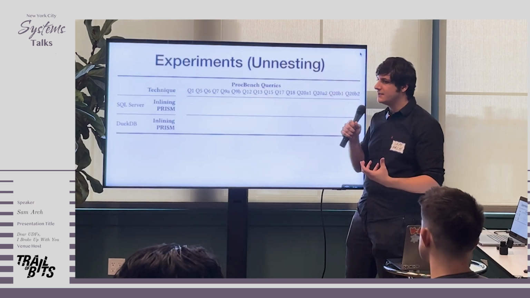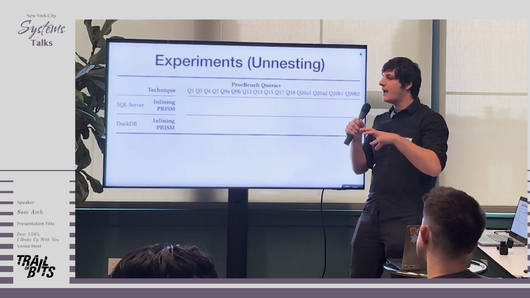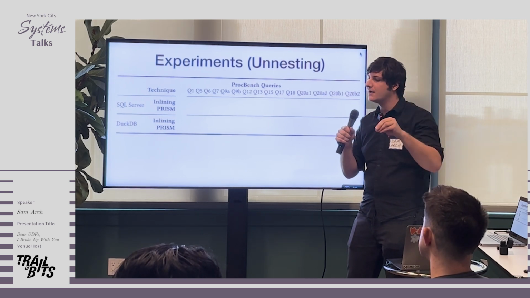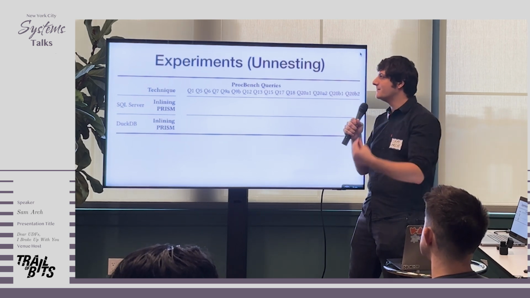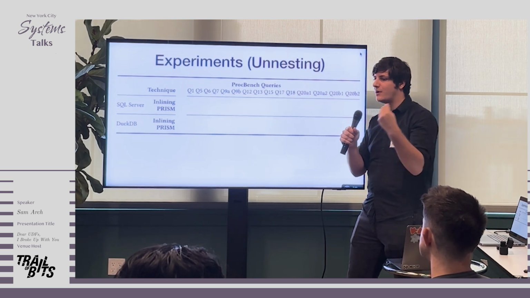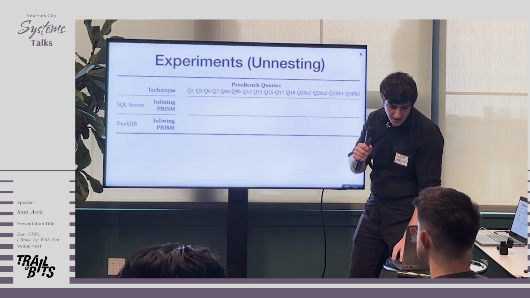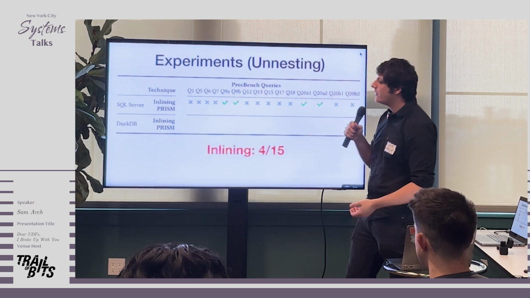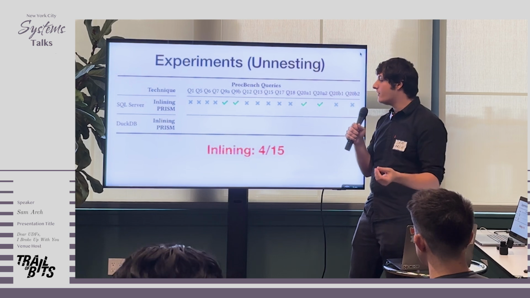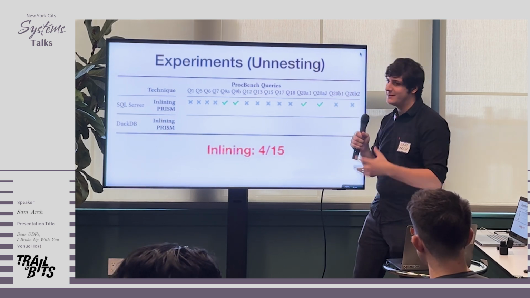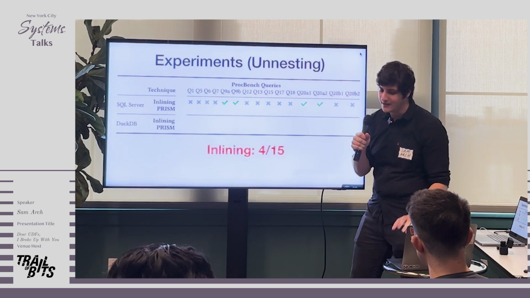So for our first experiment, we're just interested in, after doing our approach where we simplify the UDF through PRISM, through outlining, are we actually producing something that's simpler to unnest? Meaning getting rid of the subquery, turning it into a join. If we look at inlining the entire UDF on SQL Server, what we find is that it can only unnest 4 out of 15 of the queries with UDFs. The reason is that it's inlining the whole thing, and it's super complicated.